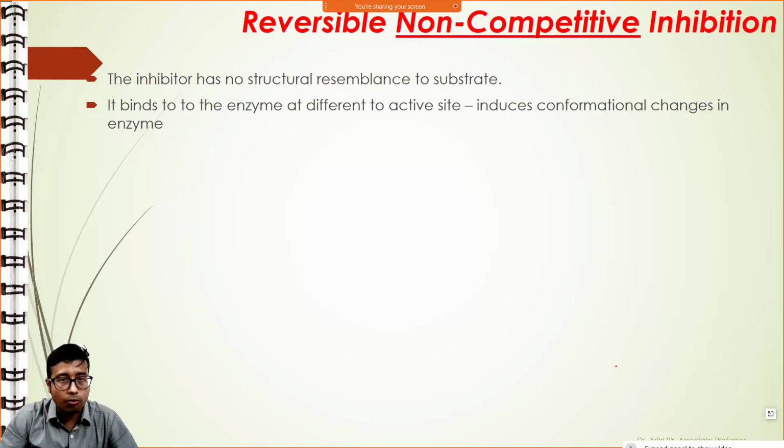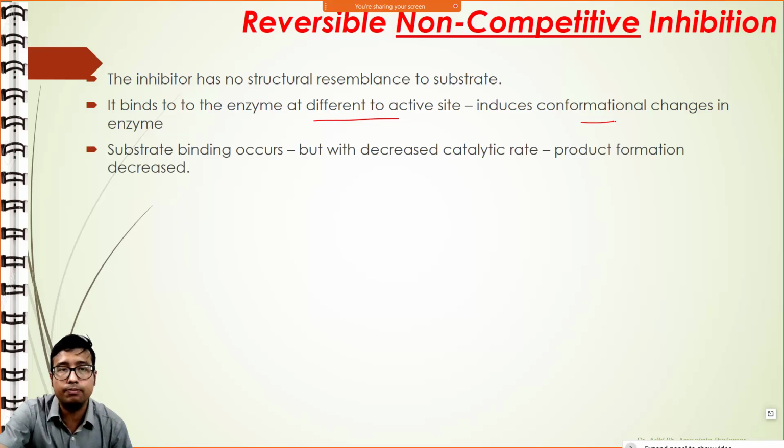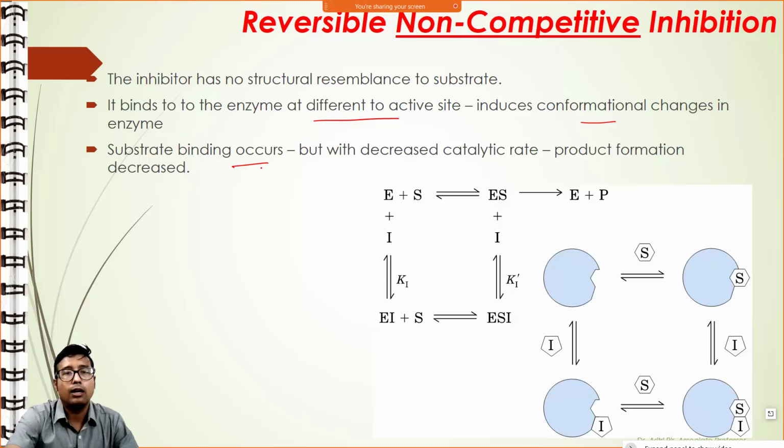In non-competitive inhibition, the inhibitor binds to a site other than the active site. By binding to a site different from the active site, it induces a conformational change in the enzyme and the enzyme will cease to function. Substrate binding does occur, the enzyme will bind to the substrate, but product formation will be decreased; catalytic activity will be lowered. So this is what is happening in non-competitive inhibition.